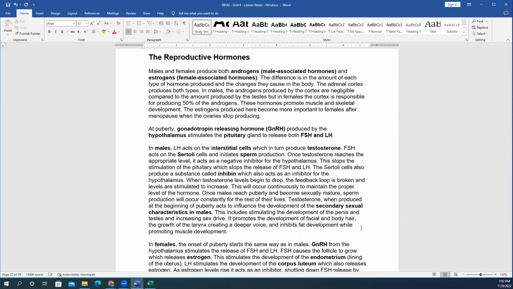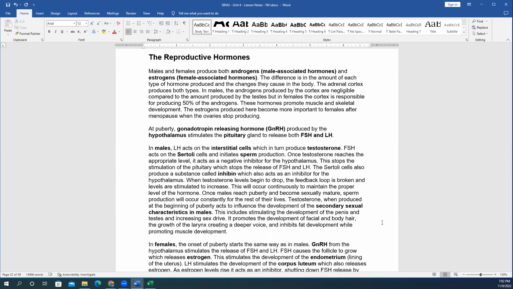In both males and females, we produce both androgens, the male-associated hormones, and estrogens, the female-associated hormones. These are produced in both, but the difference is the amount of these types of hormones that are produced and the changes that they bring about in the body.